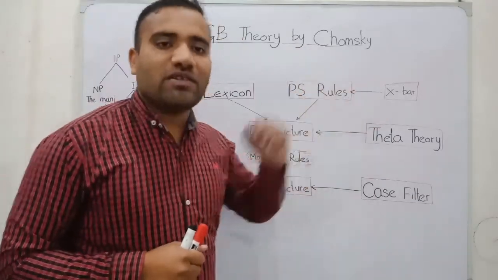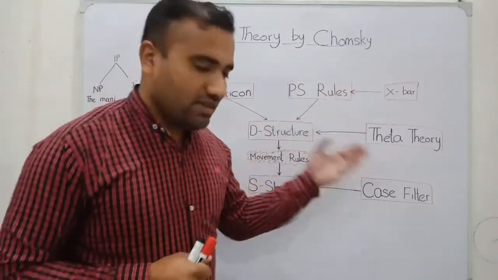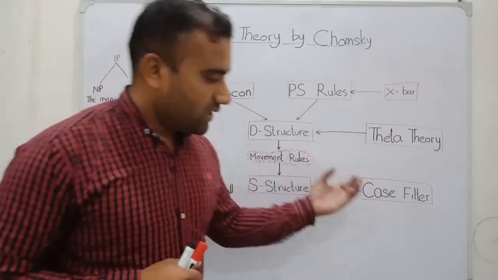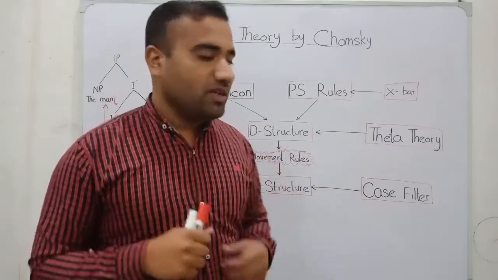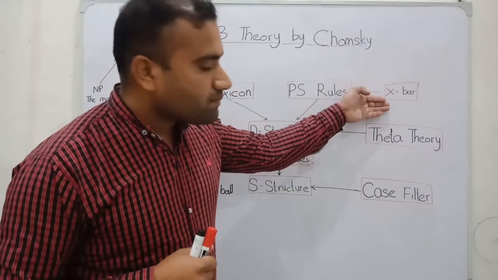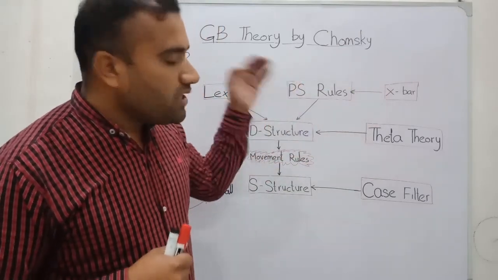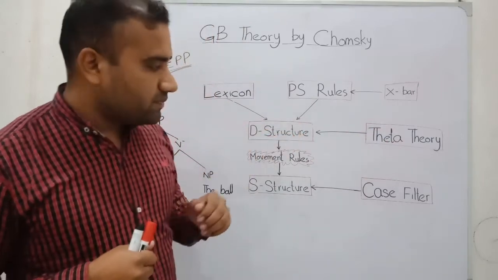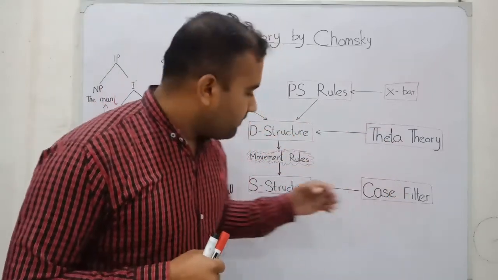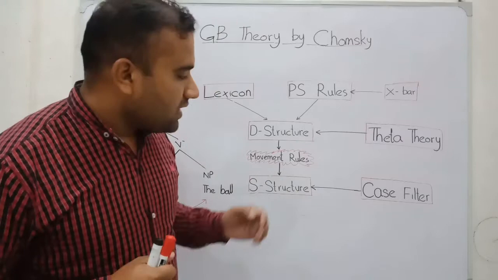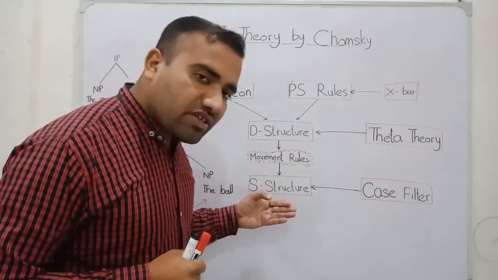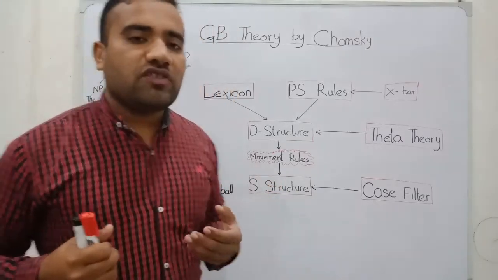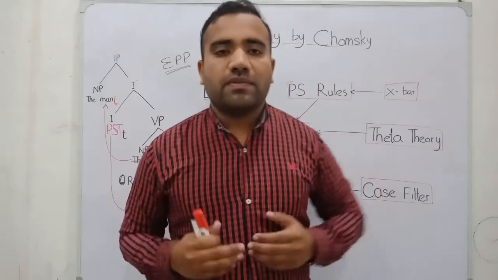First, X-bar theory will be fulfilled, the theta theory will be fulfilled, the case filter will be fulfilled. This generates the phrase structure, this generates the D structure, and this generates the S structure. And when our S structure has been generated, our sentence will be generated.